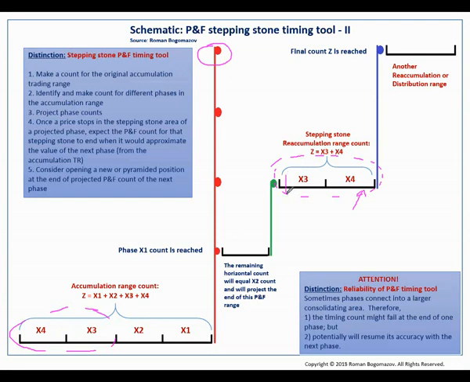We know how many columns we have to create in this area of consolidation for us to create a stepping stone count that will match the price movement to the upside to this objective. So somewhere in this area, we're going to be extremely alert, and we're going to start looking for evidence of supply absorption and any bullish signs.